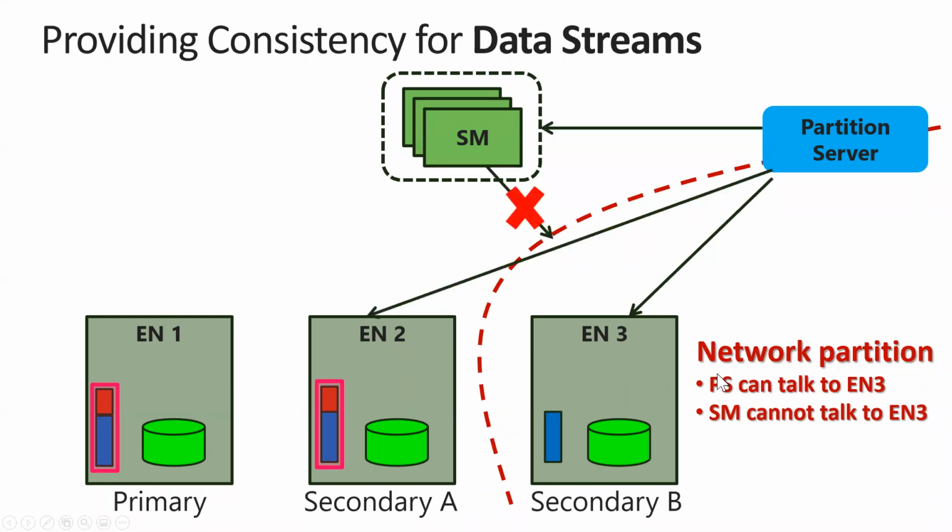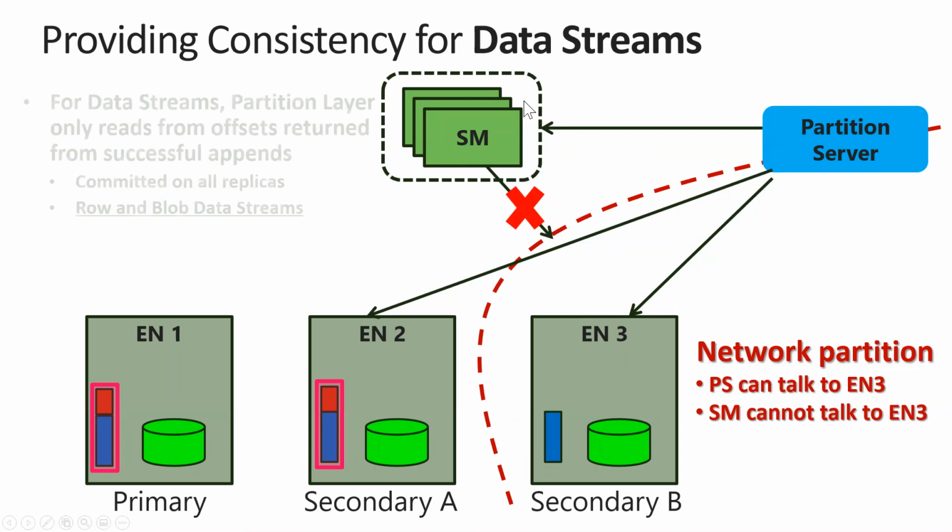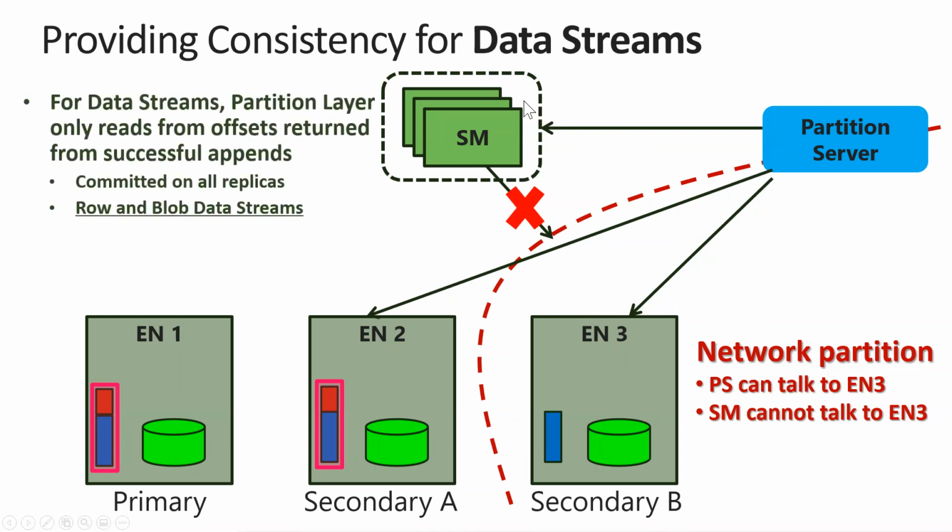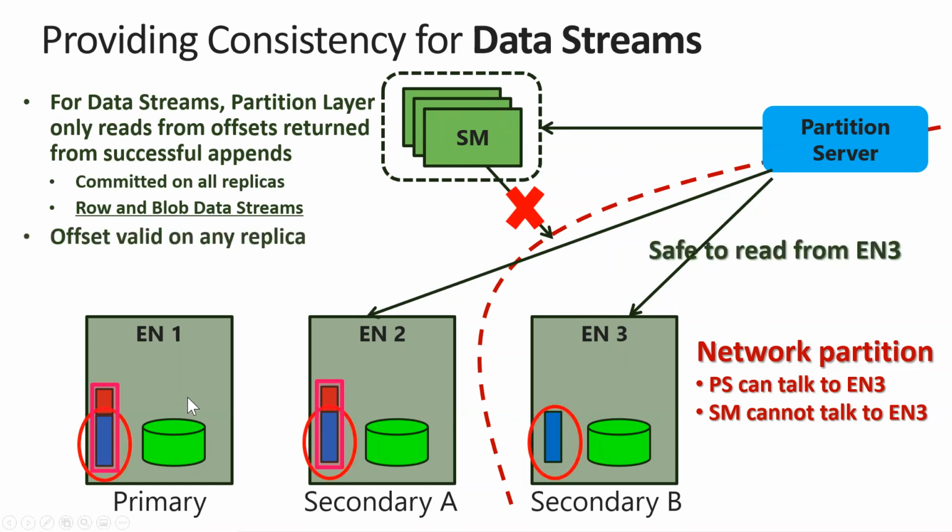Let's say there is a network partition, and in the network partition, the stream master is not able to talk to EN3, but the partition server can talk to them. What this system will do is see that these three nodes all have the same information up till this commit length.